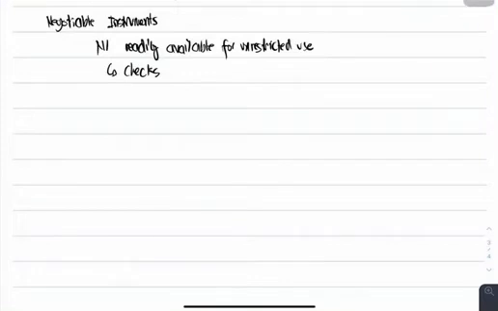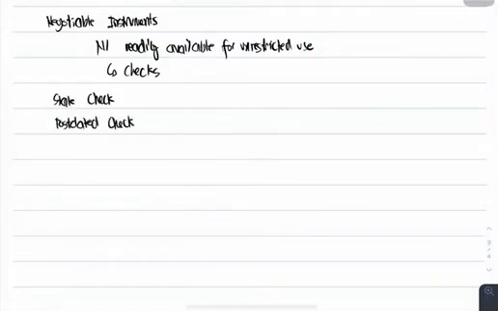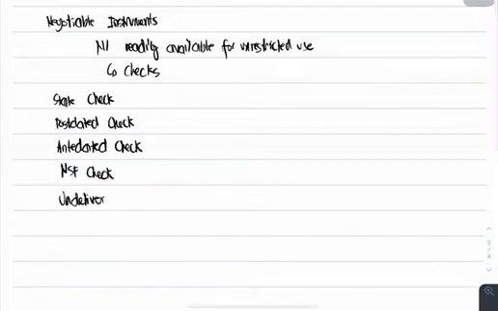So first, we have your stale check. We have your post-dated check. We also have your antedated check. We have your NSF check and undelivered check.